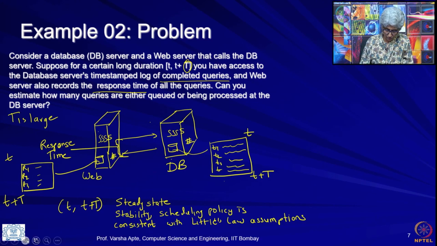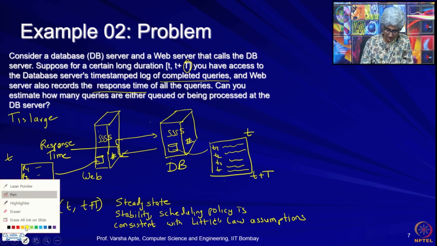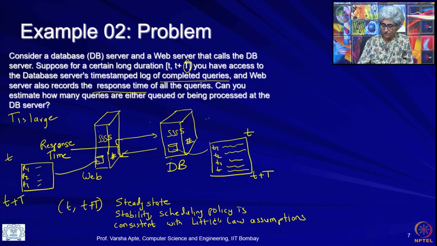Okay. So, if I show the queries at the database server, these are the queries from the web server that are queued here or they are executing, then how many are there? Okay.